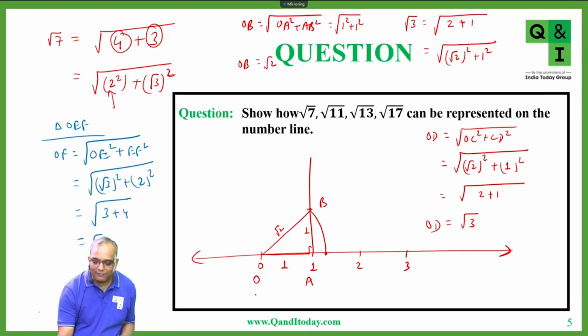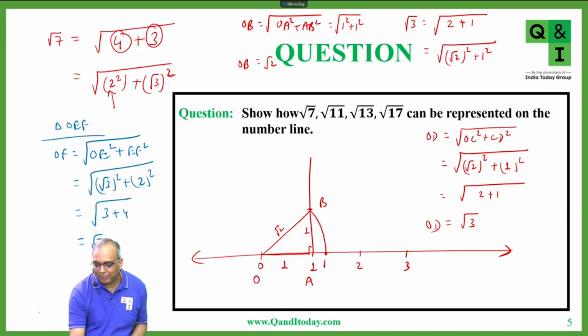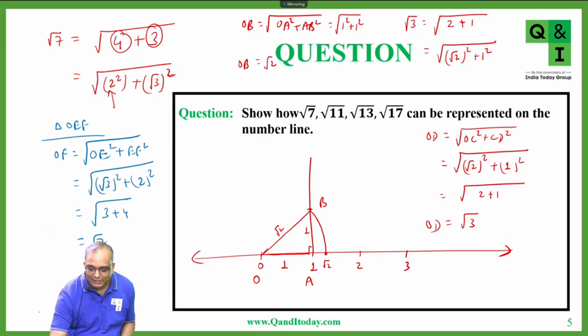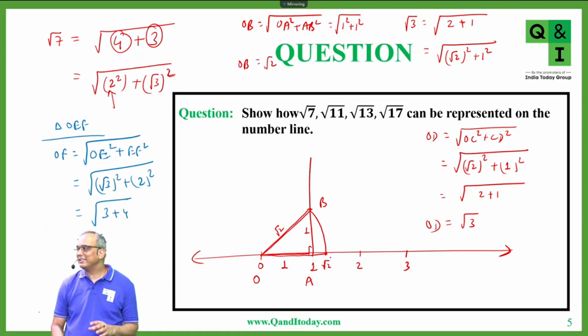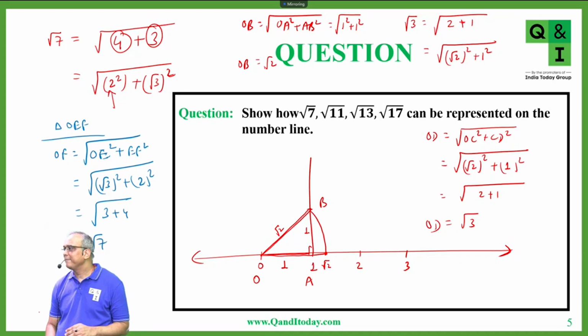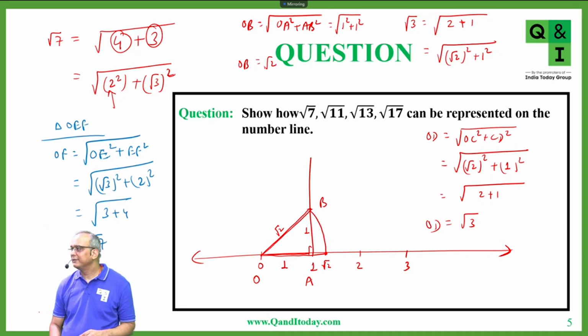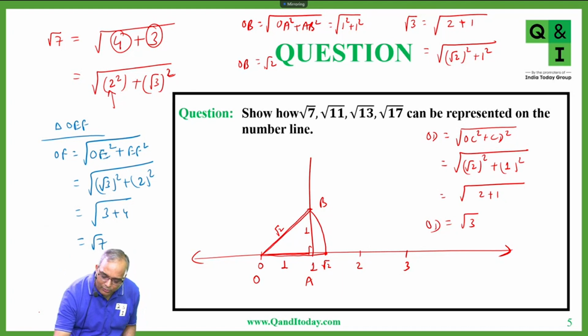This arc will cut this number line at root 2 only because the radius remains the same for the arc. So this point will be root 2. Till this point, are you clear? Anay, plotting of root 2, is it clear? Yes. Now we are going to plot root 3.